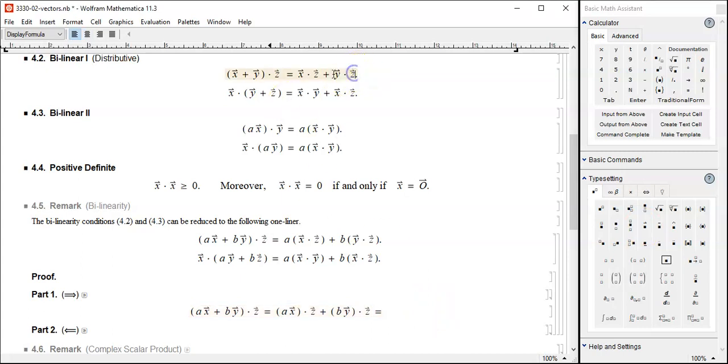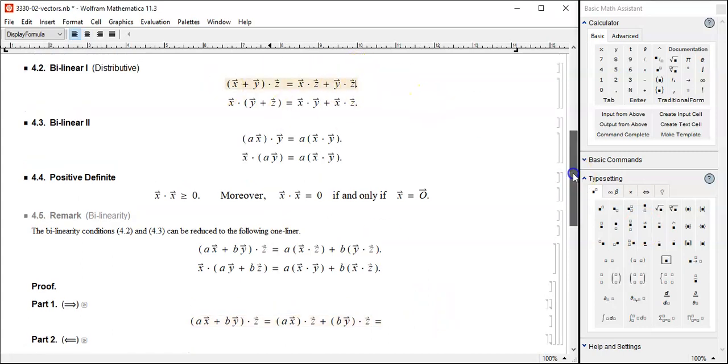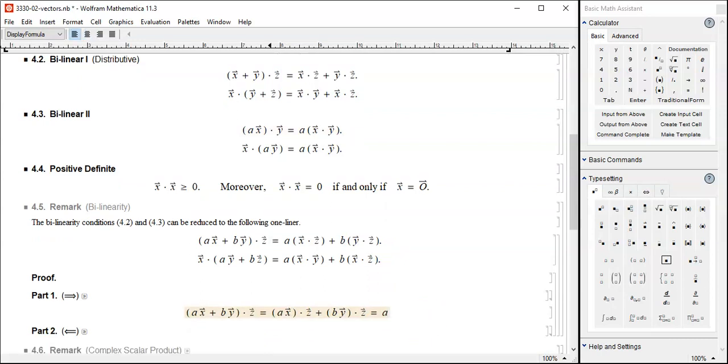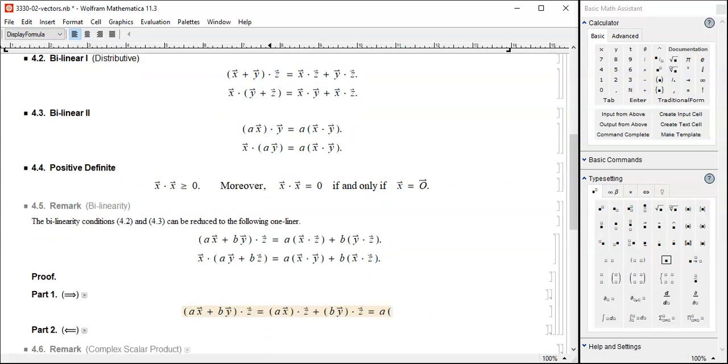I just used 4.2, distributivity. And then let's apply 4.3. I can take the scalar out. So from here, I'll take A out. So A times, now this is X dot Z, and these are all vectors. And then that Z is a vector.